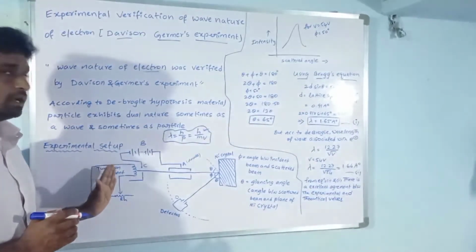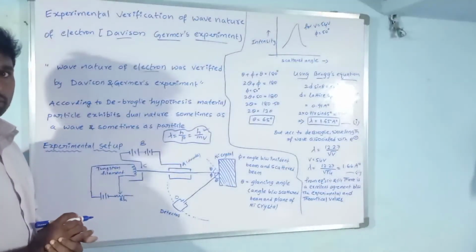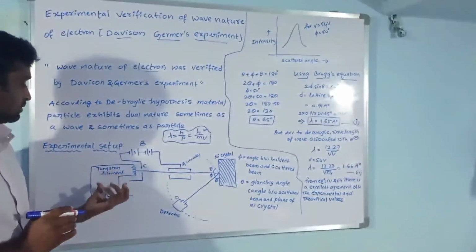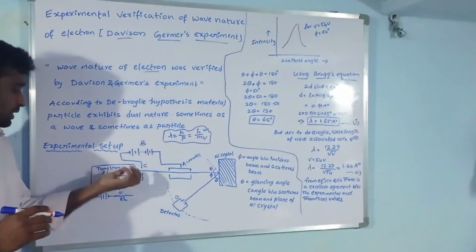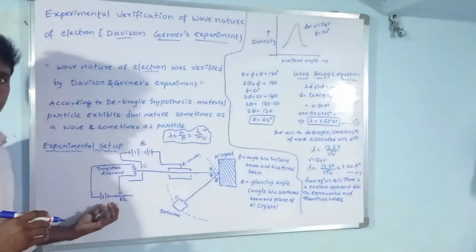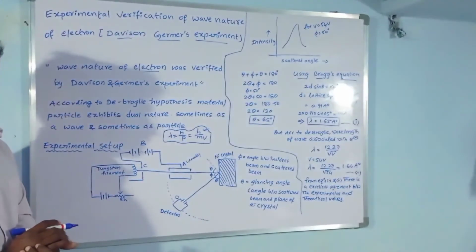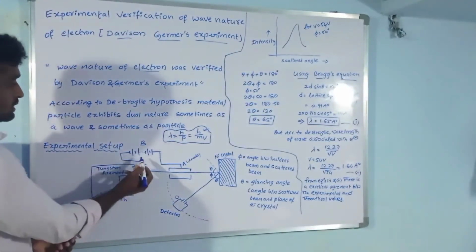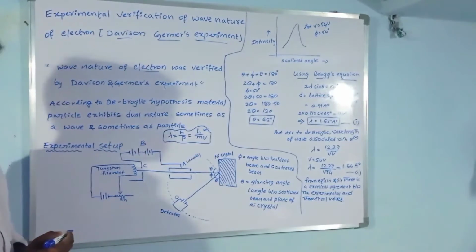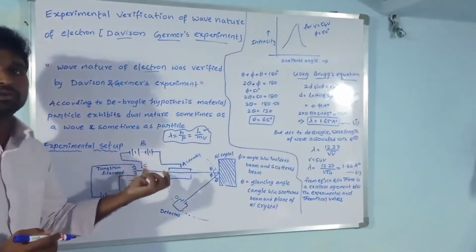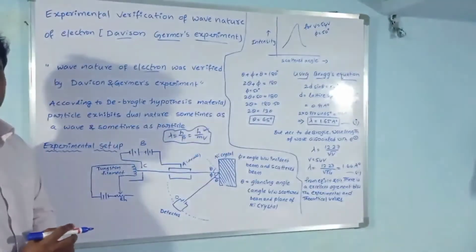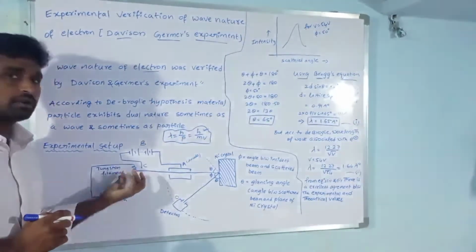When we heat the filament using this battery, the tungsten emits electrons. This is a high voltage battery, which is used to accelerate the electrons emitted by the tungsten filament.